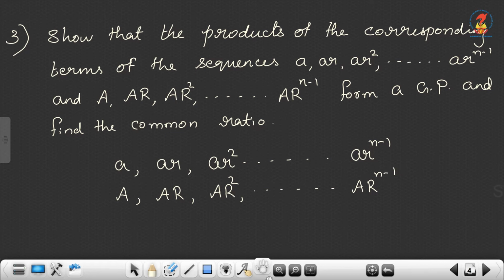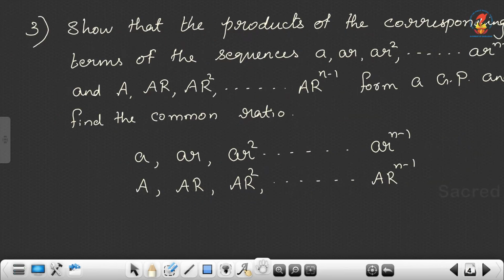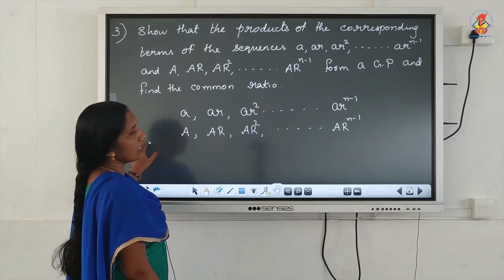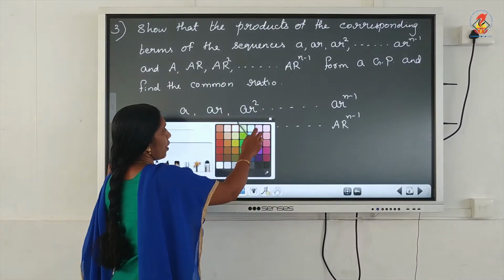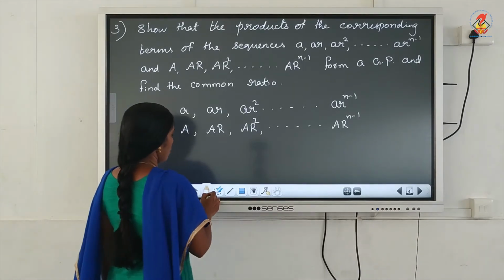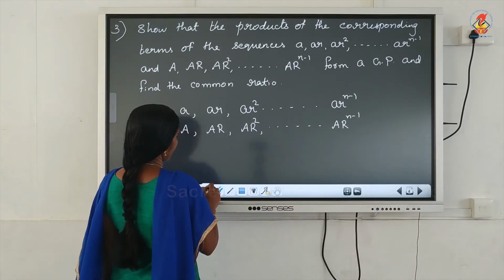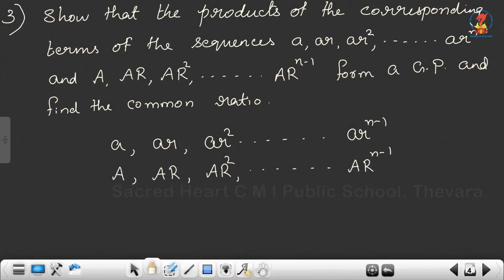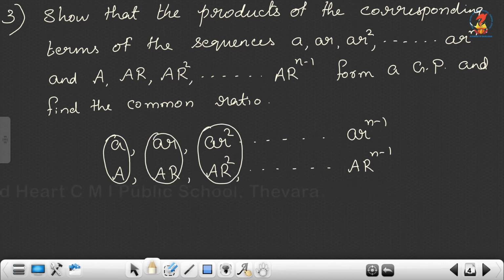Now multiply the products of the corresponding terms of the sequences. The products of the corresponding terms. So multiply the corresponding terms. So what is the sequence?